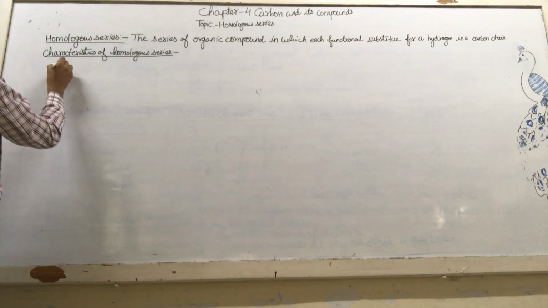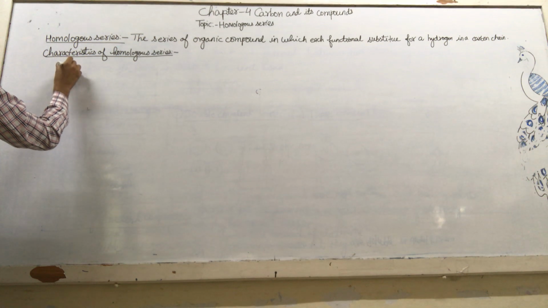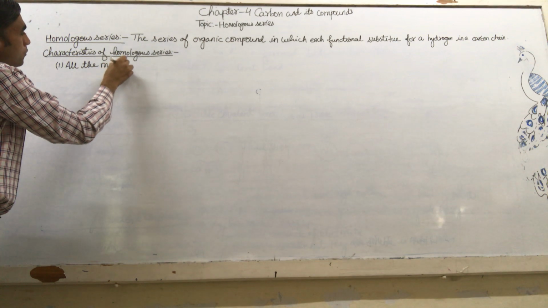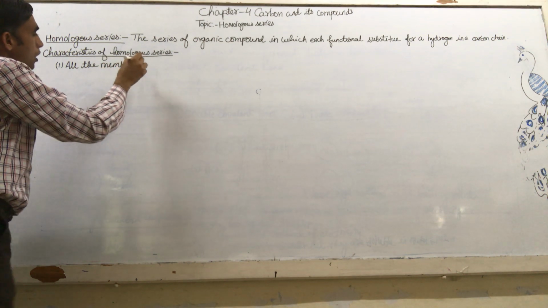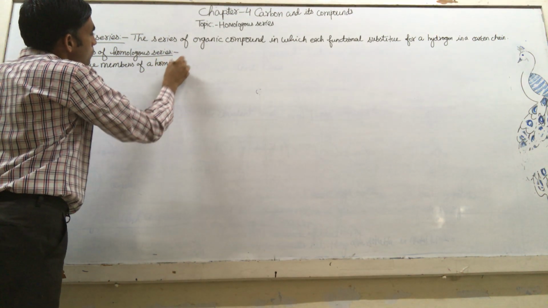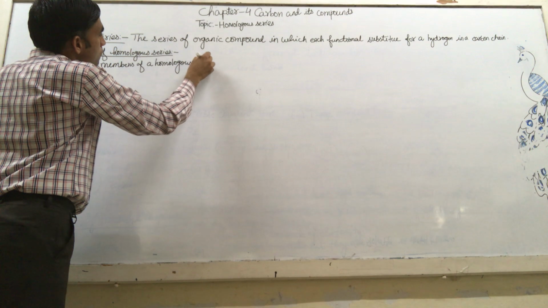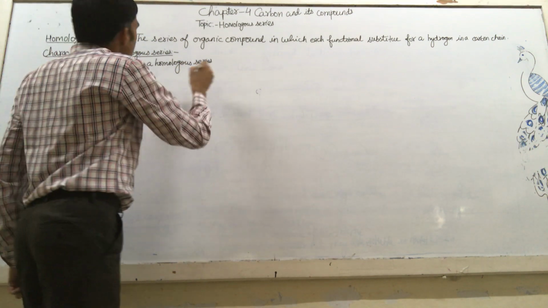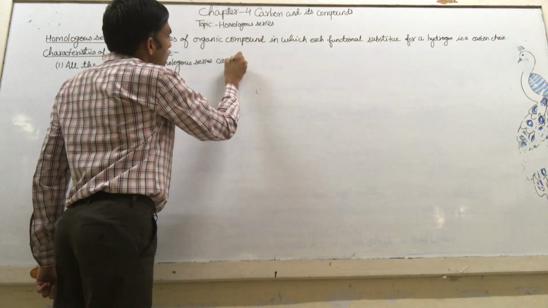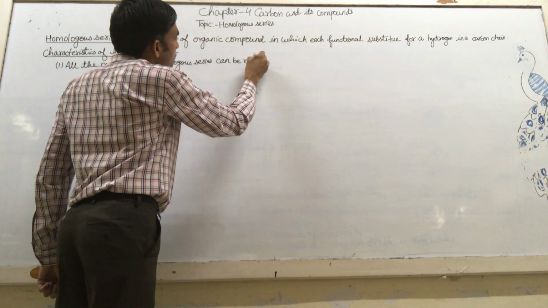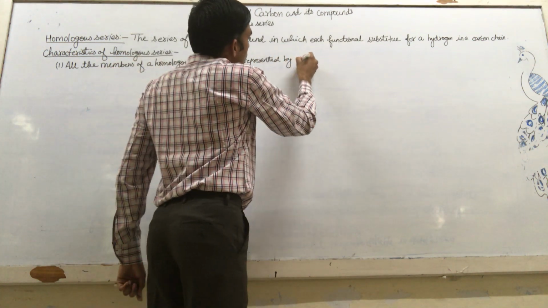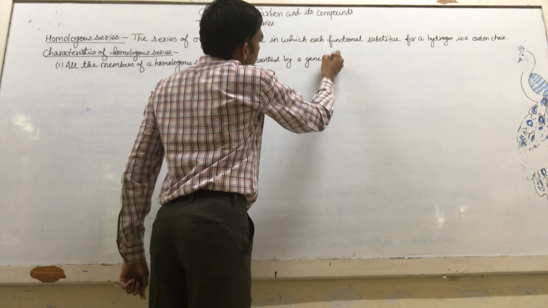Number 1, all the members of a homologous series can be represented by a general formula.